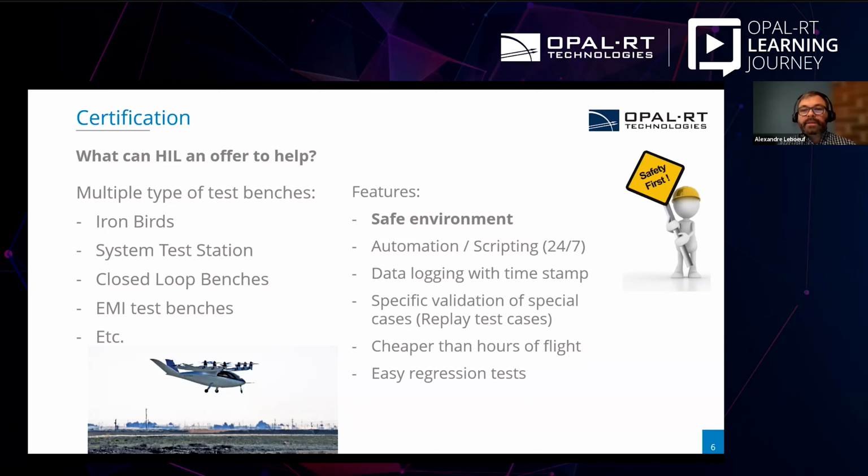Because in some cases, if the controller does not work well, some of the tests might destroy your prototype. So imagine your brand new prototype for the main propulsion engine, and you need to do a test and the test fails and it actually destroys your motor. What do you do then? You just scrap a 20 million or so model. That's not going to cut it.